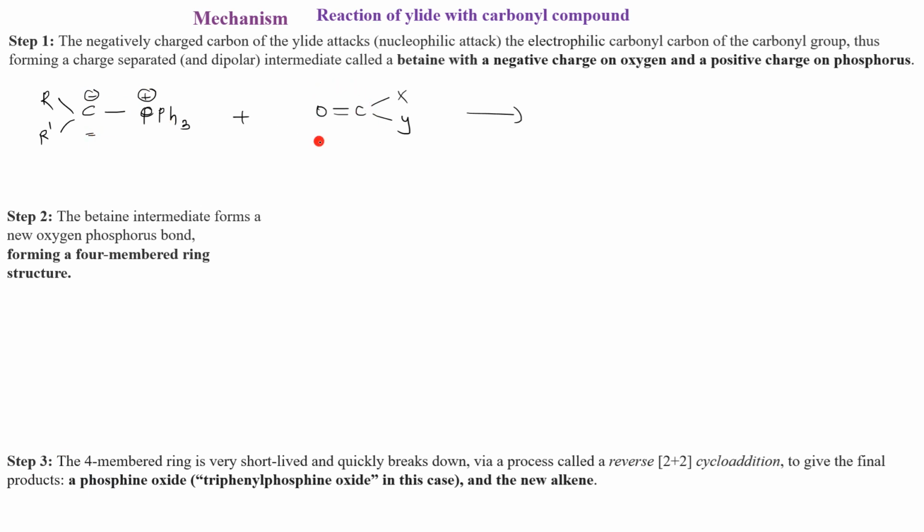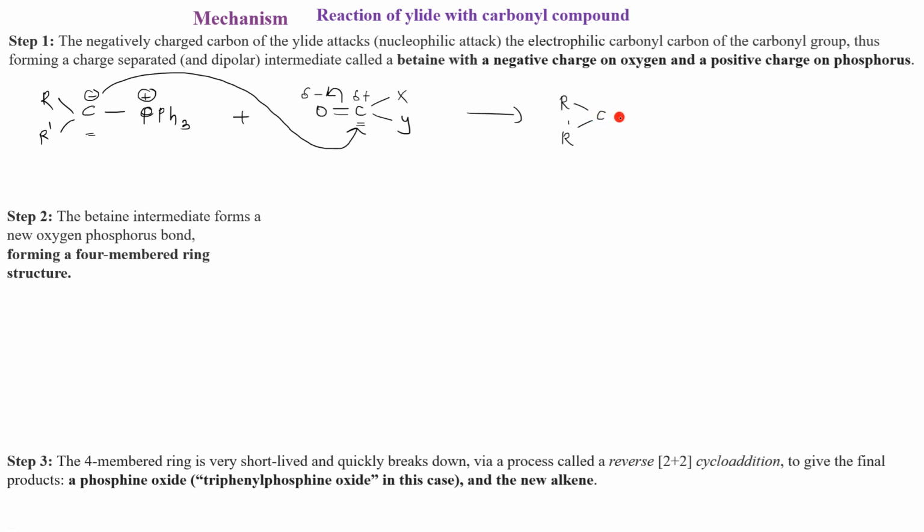Now in the carbonyl group, C is partially positive and O is partially negative because oxygen is more electronegative. So this carbon is electrophilic. So the negative charge will attack where? On the electrophilic carbon, and these electrons will move over here. So what you have now is C double bond C R'.